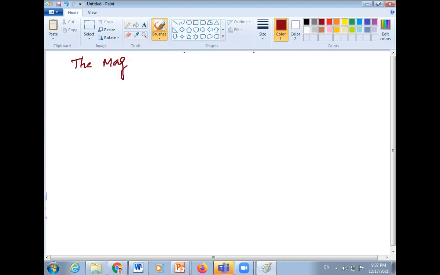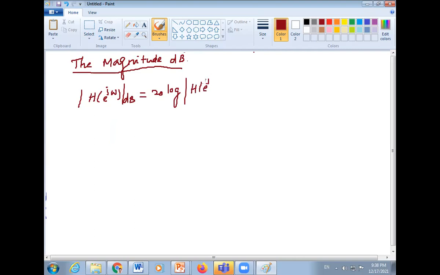The formula for the magnitude of H of e power j omega in dB is 20 log magnitude of H of e power j omega.